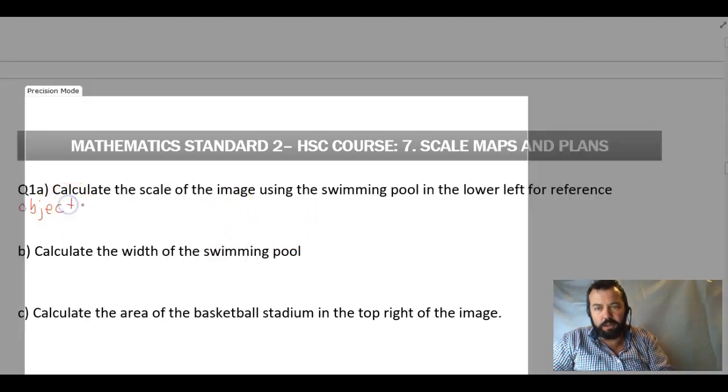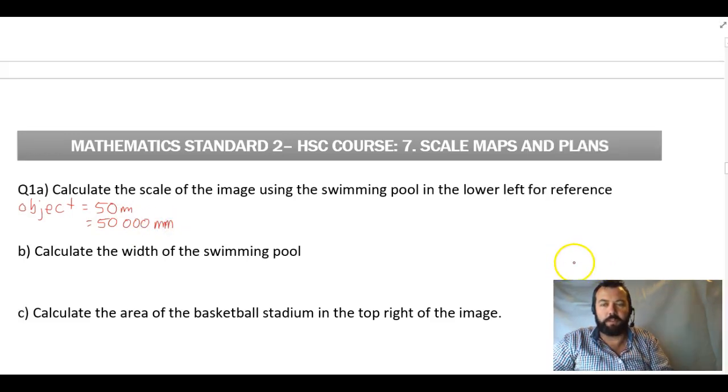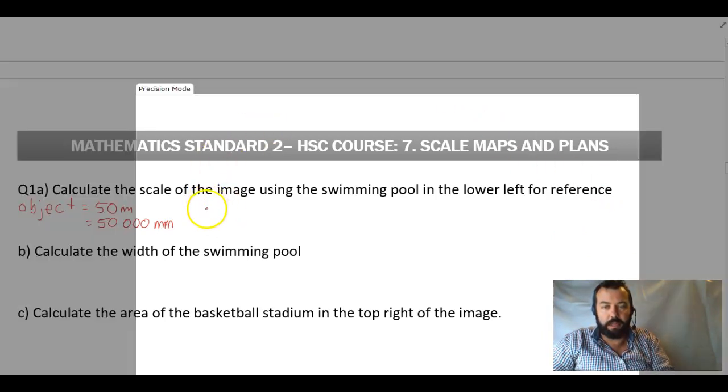So I'll say that my object equals 50 meters, which equals 50,000 millimeters. It's important that we use consistent units. Now I'll say that my image is equal to 35 millimeters.